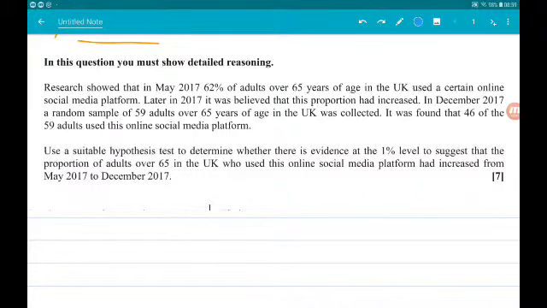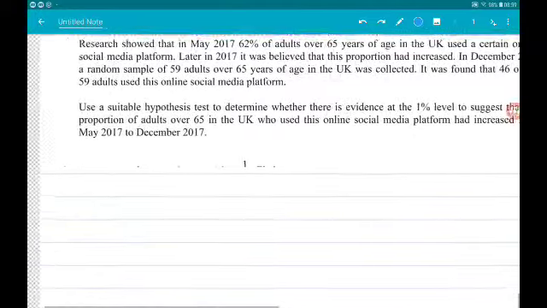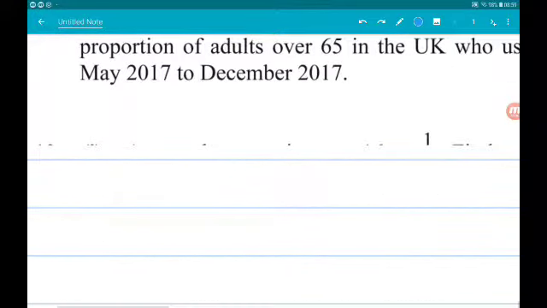Okay, so for 7 marks, we need to be really thorough. So let's define, first of all, our variables.